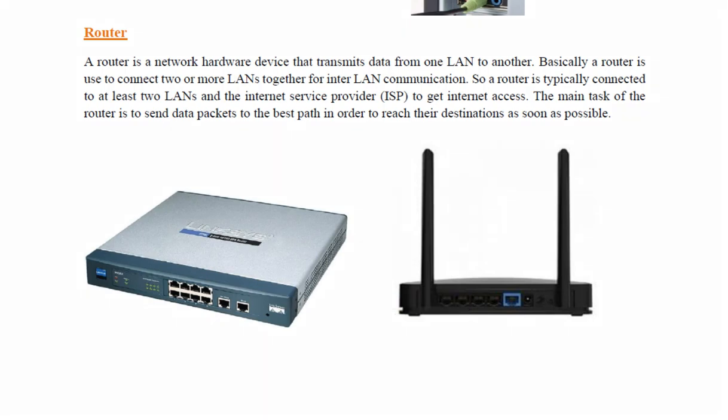If I explain that more, in the internet we have routers here, and again there are some other routers in other countries and other places. All these are routers. If we need an internet connection, we get it through an ISP, internet service provider. Let's say this is our computer.